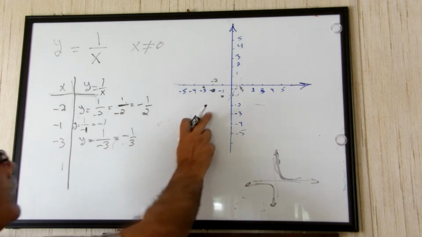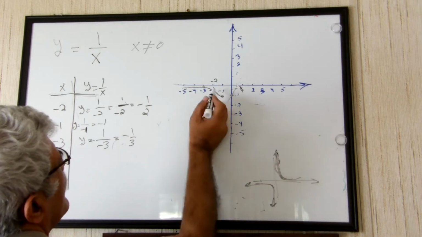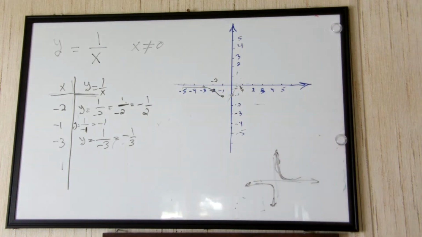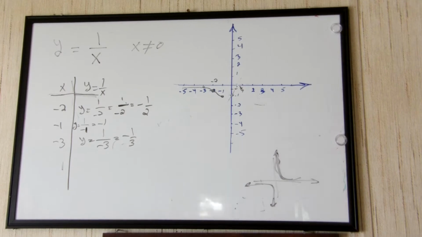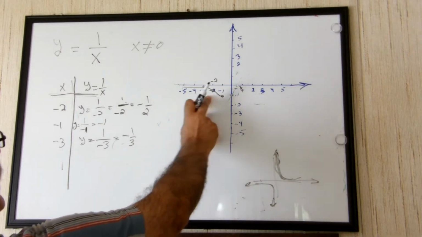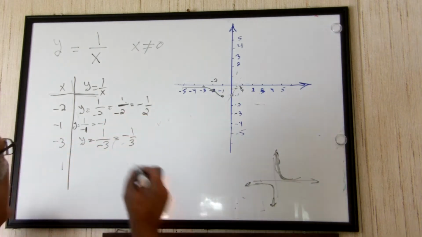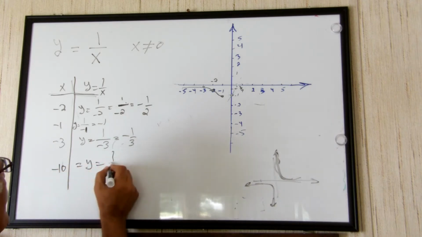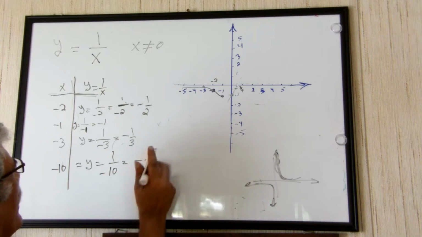We know it's going to be like this. Whenever minus x increases, minus 1, minus 2, minus 3, we find that for minus 10, y is equal to 1 over minus 10, which is equal to minus 0.1.